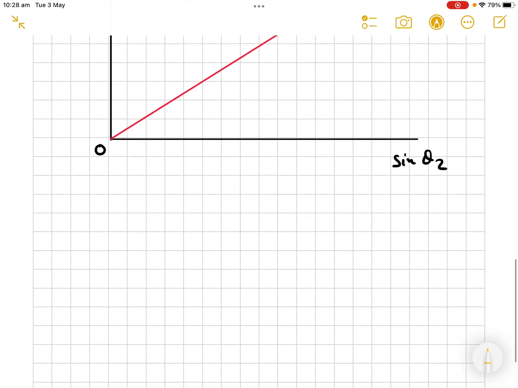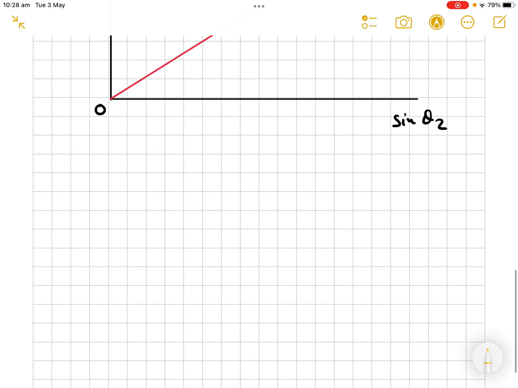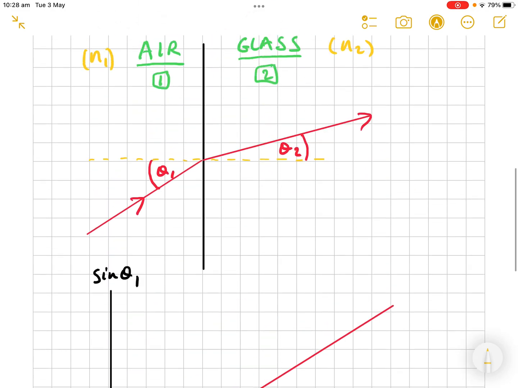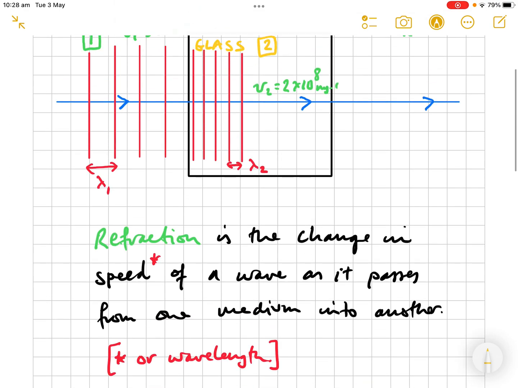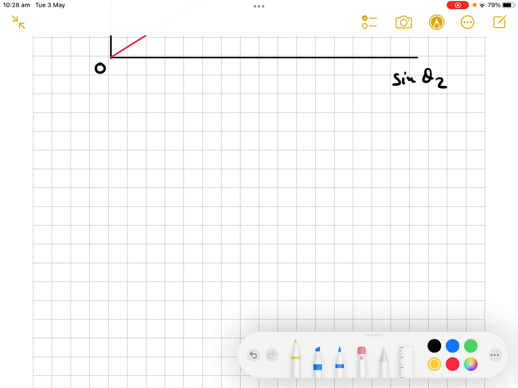Now, there's a law which expresses the relationship between the refractive index and the sine thetas, and indeed the speed of the waves in the various media and the wavelength, and it's called Snell's law.